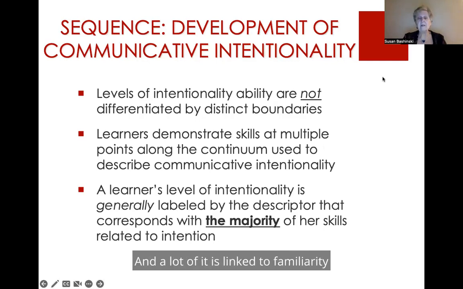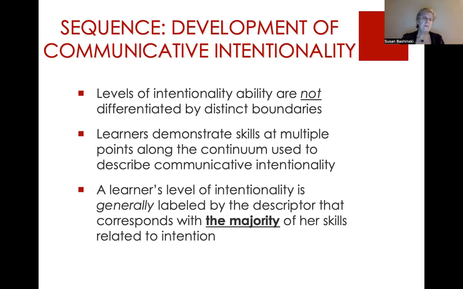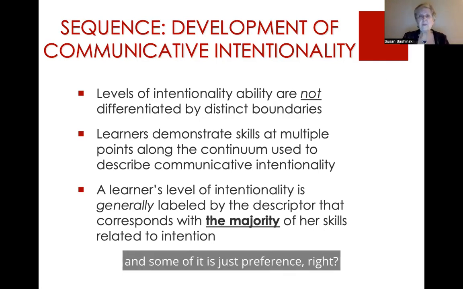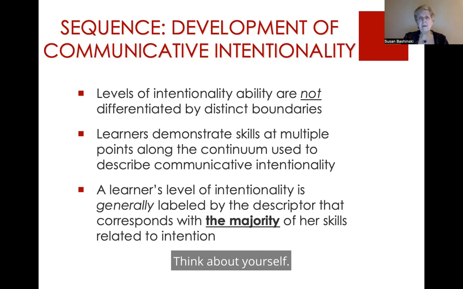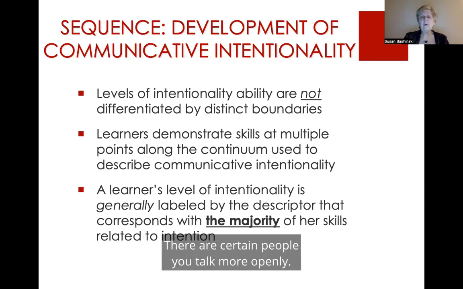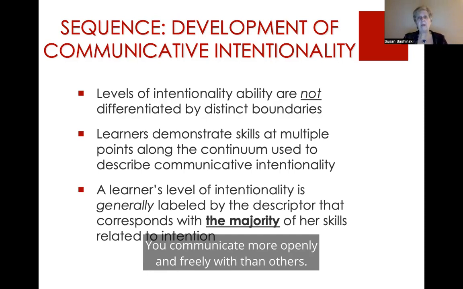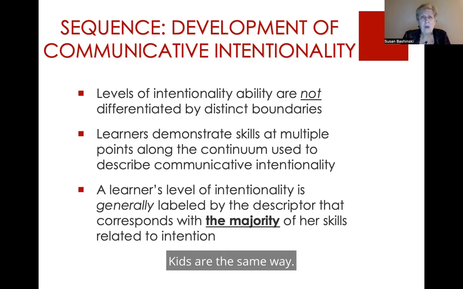And a lot of it is linked to familiarity with that learner on the part of the partner. And some of it is just preference, right? Think about yourself. There are certain people you communicate more openly and freely with than others. Kids are the same way.